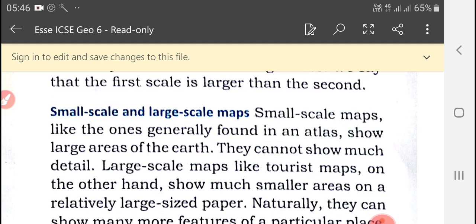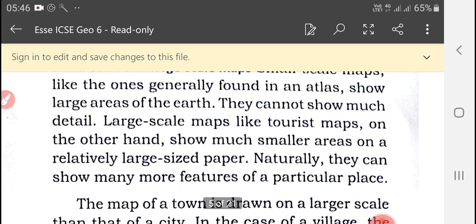There in an atlas we usually get the world map, then continent maps and country maps, and all of these are small scale. They cannot show much detail. Which map? Small scale map.